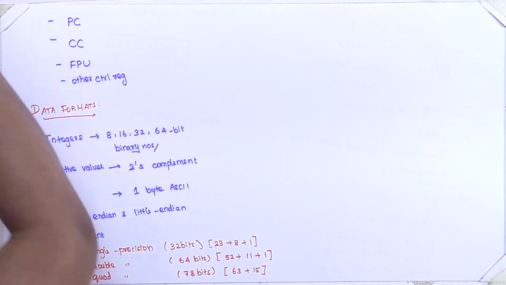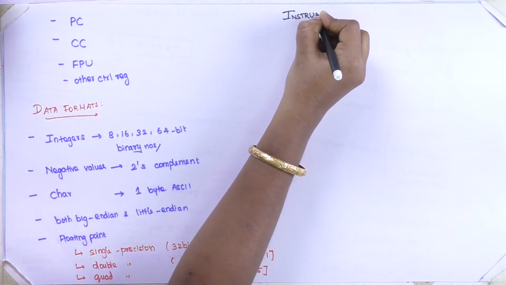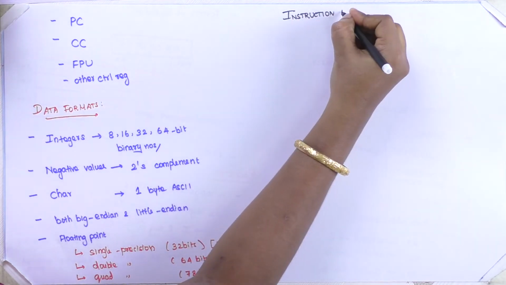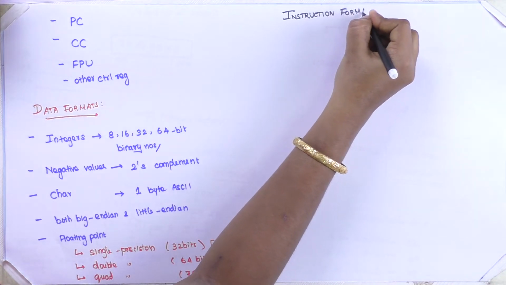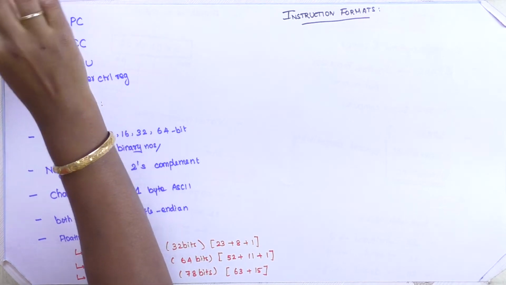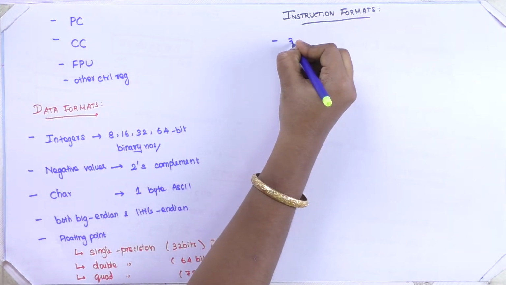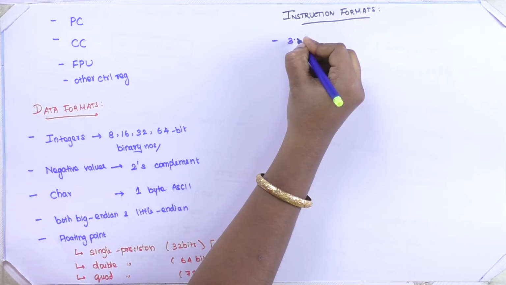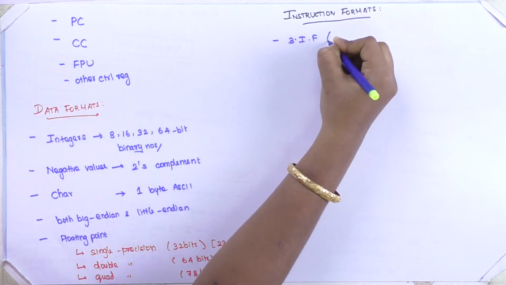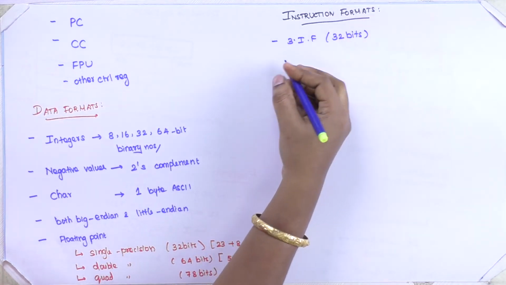Next, let us see about instruction formats. UltraSPARC architecture supports 3 instruction formats. All the instruction formats are 32 bits long.